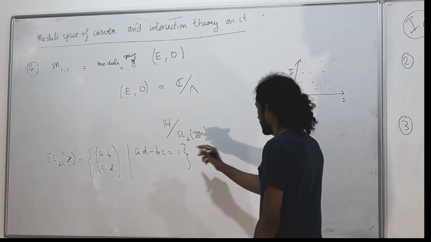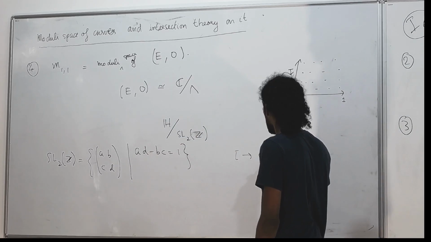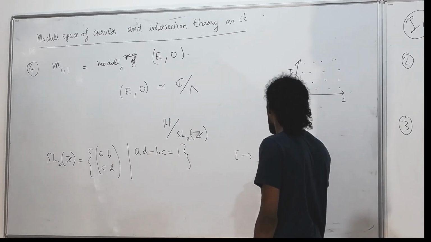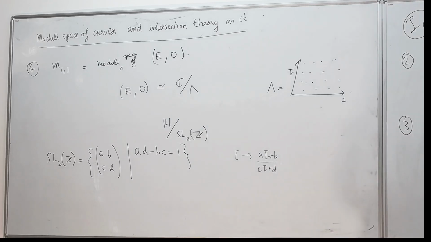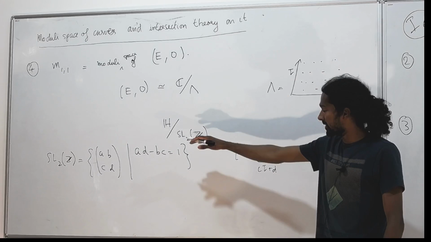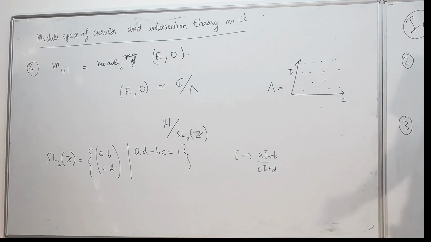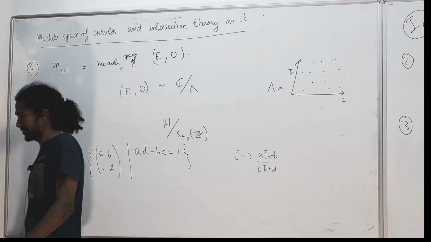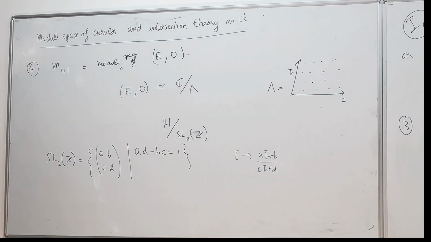It takes tau to A tau plus B over C tau plus D. So what you're looking for is basically a fundamental domain of this SL2Z. And you might remember from high school that the fundamental domain of SL2Z looks like this.